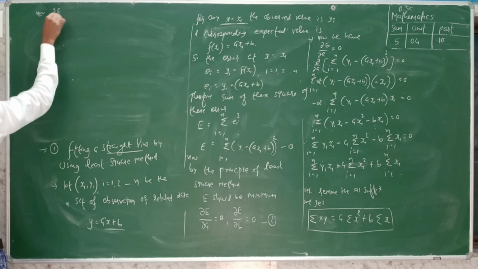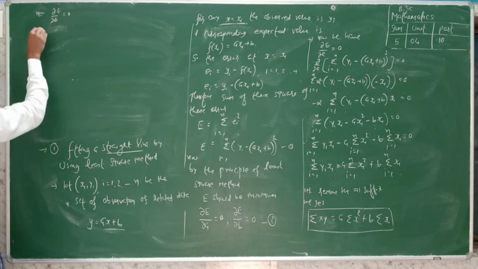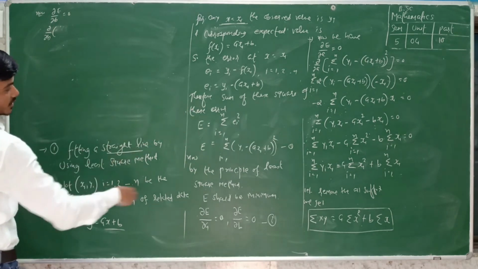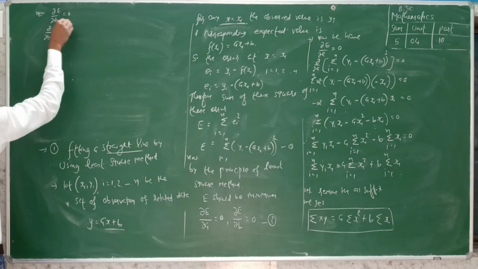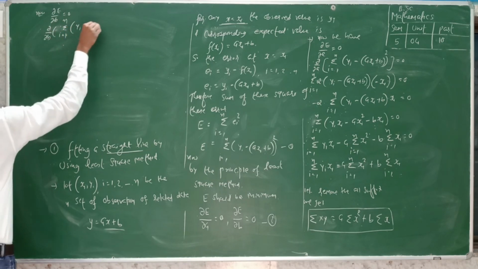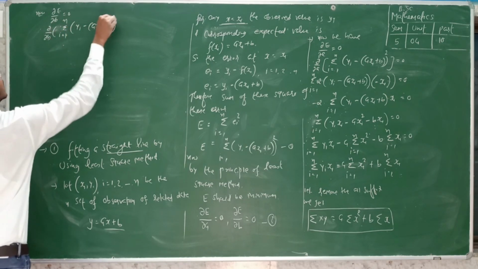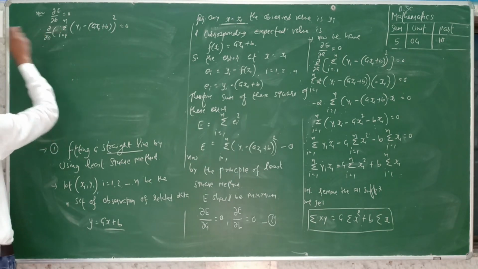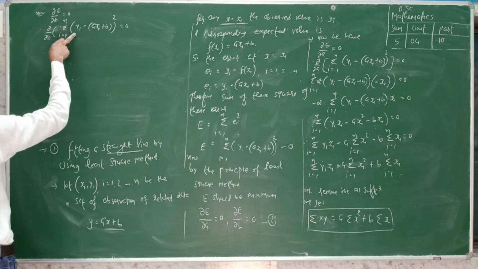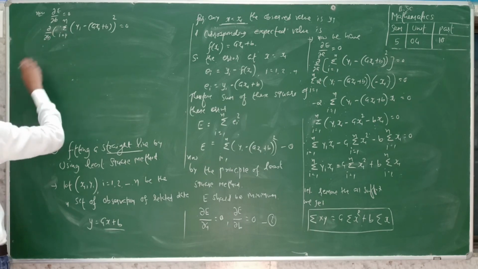Second, del E upon del B is equal to 0. That means del by del B of E, where E is sigma i equal to 1 to n of (yi minus (a xi plus b)) square, is equal to 0. This is the expression for the partial derivative with respect to b.